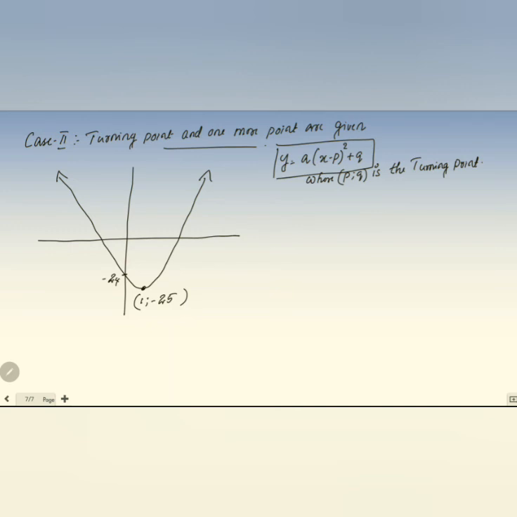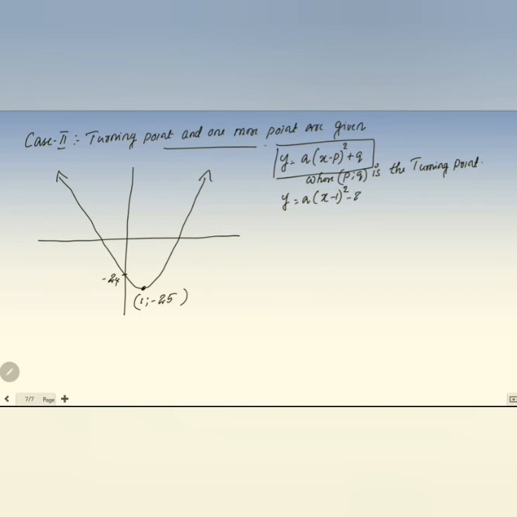The method is the same as the previous one. Substitute the turning point, and then substitute the y-intercept to find a. Then open the bracket, and you can get the equation. I will show you. Let me substitute the turning point. What is the turning point here? 1 and -25. Let me substitute that in the place of p and q. So the equation becomes y is equal to a times (x - 1) all square plus q, that is q is -25.